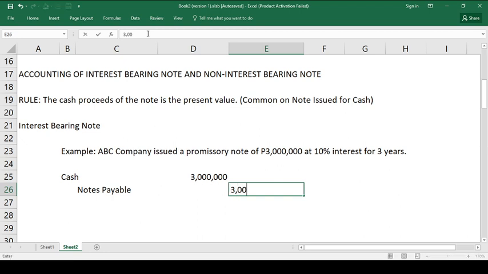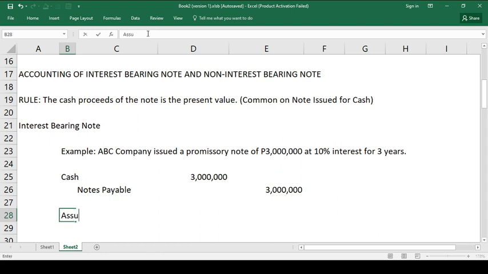There is no law prohibiting that provision as long as it is not contrary to law, public morals, public order, public policy, and good customs. What if that would be the case, the interest is deducted right away from the said interest bearing note? What would be our entry? Well, simple lang.